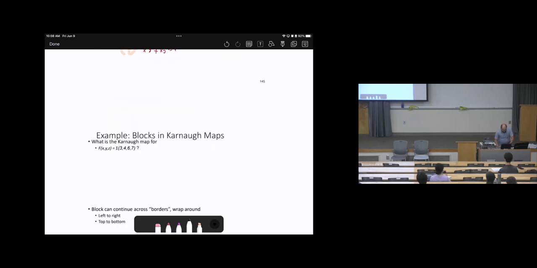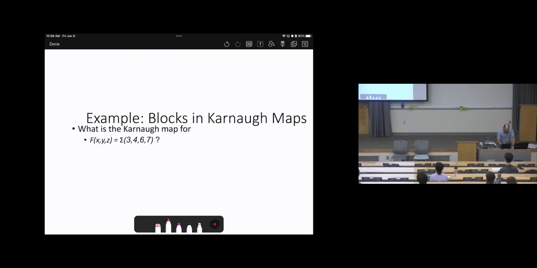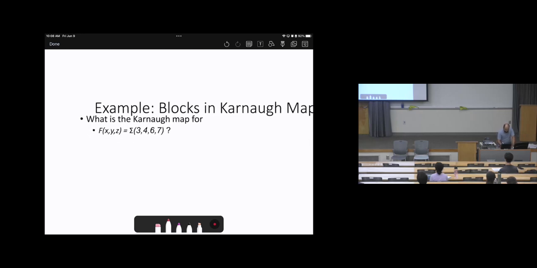Okay. Let's look at another example as shown here. So here we have 3, 4, 6, 7. Let's assume that the function is given as f equal to pi max terms of 0, 1, 2, 5, like this.